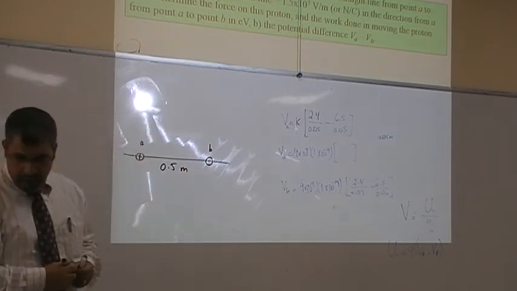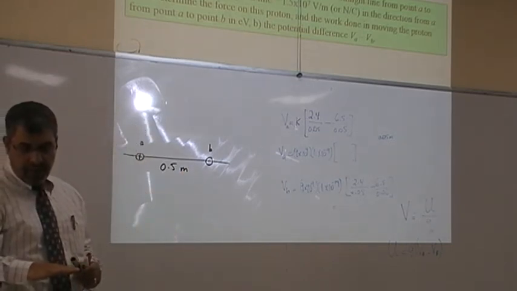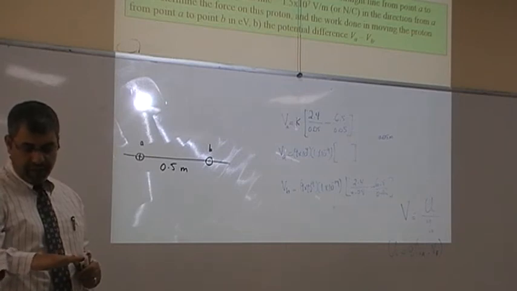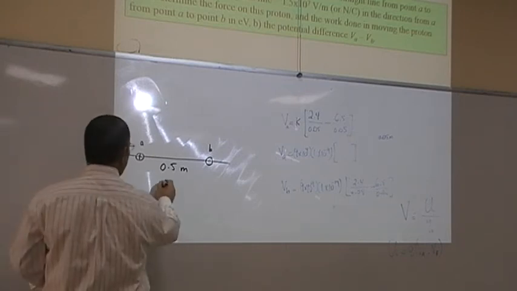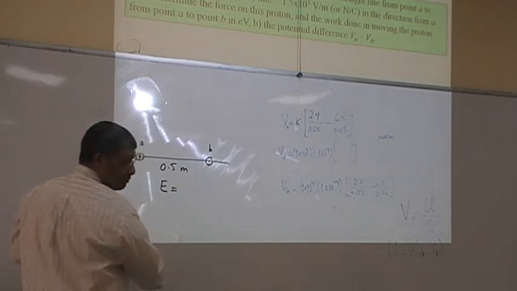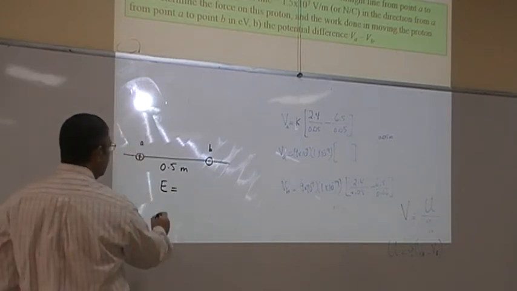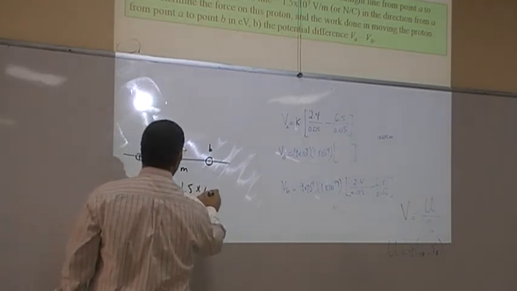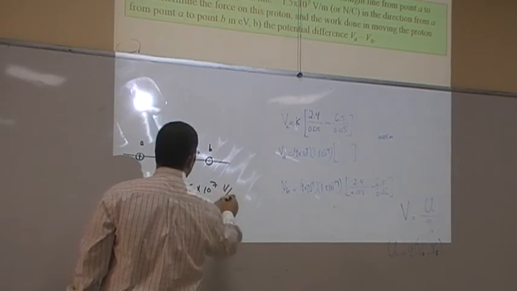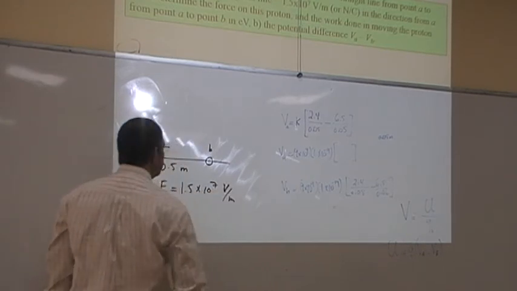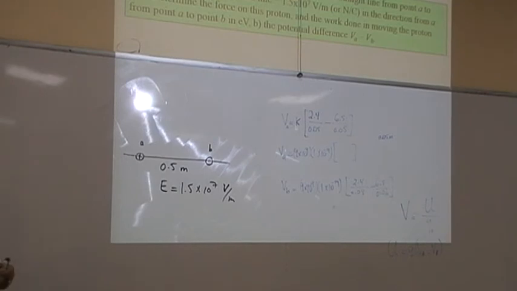And the electric field along this line is equal to that much. So electric field E is equal to 1.5 times 10 to the power of 7 volt per meter. And what does he want?